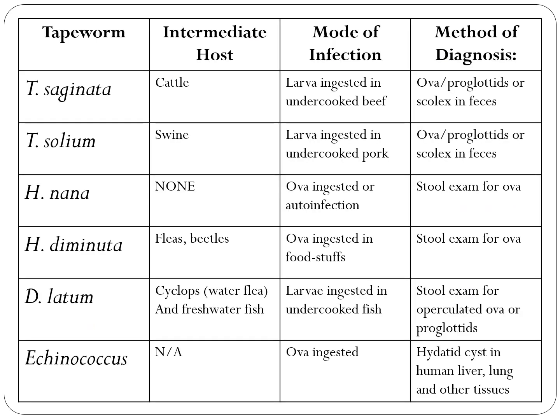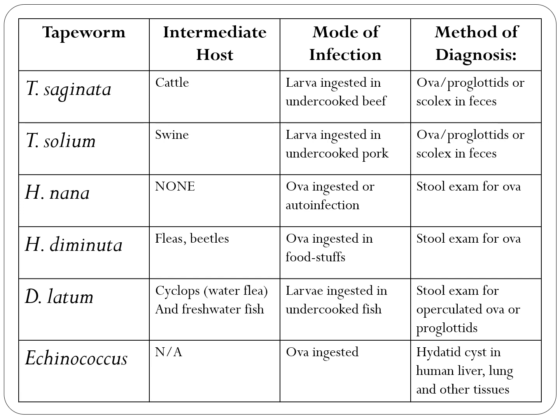Here I have a chart for you where we can compare our tapeworms, intermediate hosts, mode of infection, and method of diagnosis. So Taenia saginata, the intermediate host is cattle. The mode of infection is by ingesting undercooked beef, and the method of diagnosis is by seeing the ova in stool, or proglottids as well.